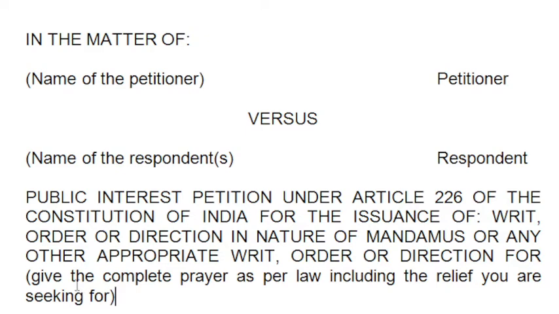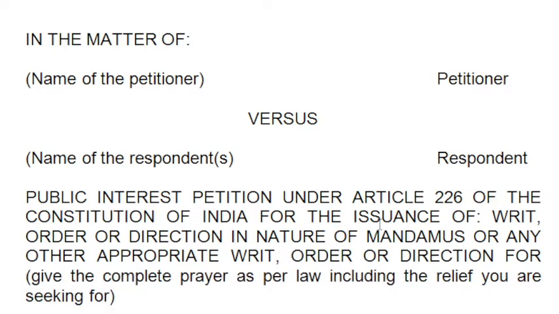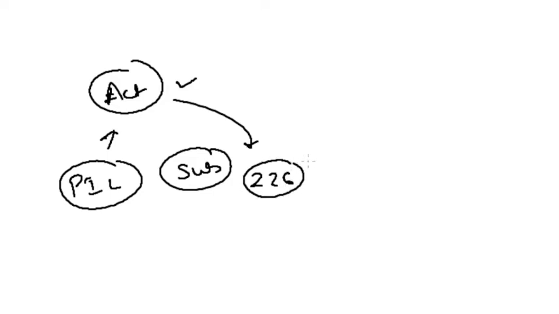Basically we have to give the complete prayer as per law, including the relief we are seeking. This is just an example of the Constitution. If there is any other law, for example an act under which a remedy is provided, and you are going to file a PIL under this act, then in the subject you have to mention this act, not the Constitution and not Article 226.